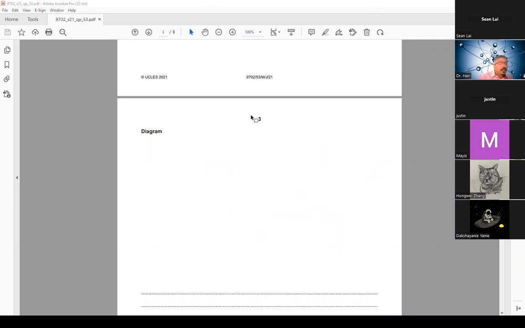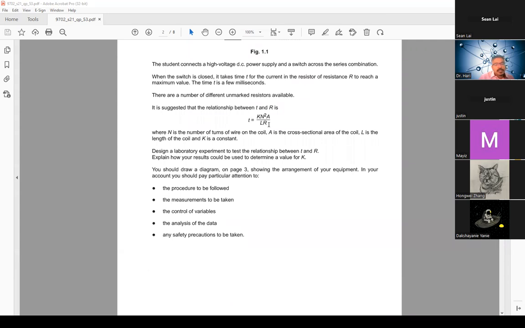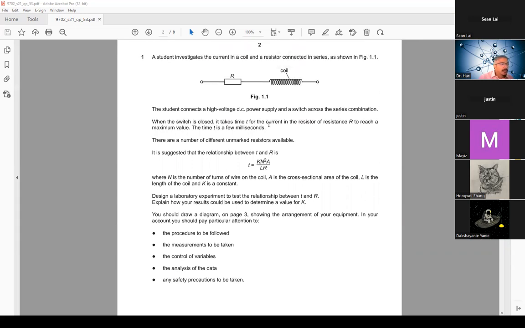Now, coming back to this question, how do we answer? Most of the time you get a format. The question will have this particular format. They give you some sort of diagram here, and then straight away they give you a formula, where the formula has a couple of physical quantities, which you need to identify: which one is the independent variable, the dependent variable, and the constants.